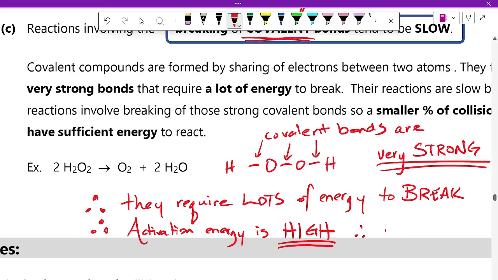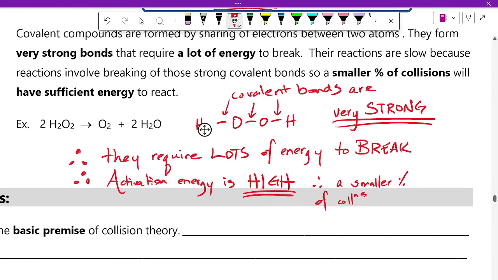And therefore, a smaller percent of collisions have sufficient energy to react. And therefore, the rate is slower.